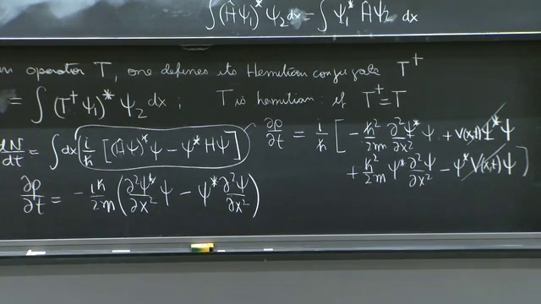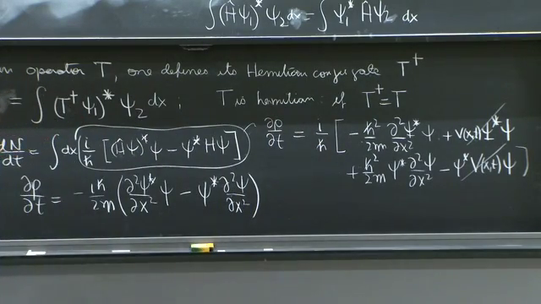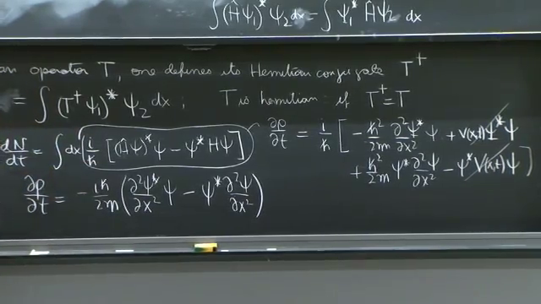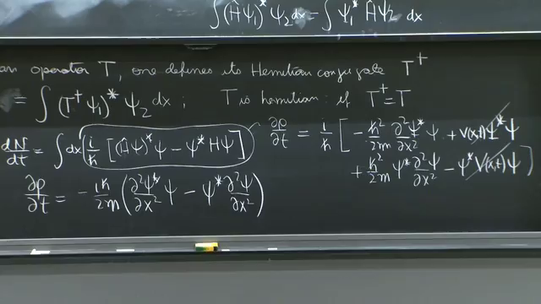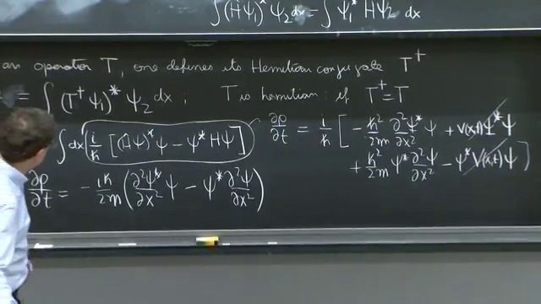That's what d rho dt is, and that's the thing that should be 0 when you integrate. It doesn't look like anything equal to 0. And that was pretty much to be expected.